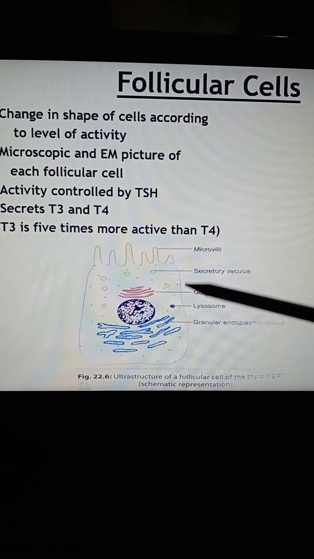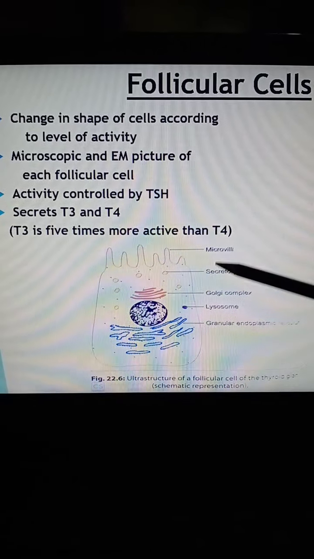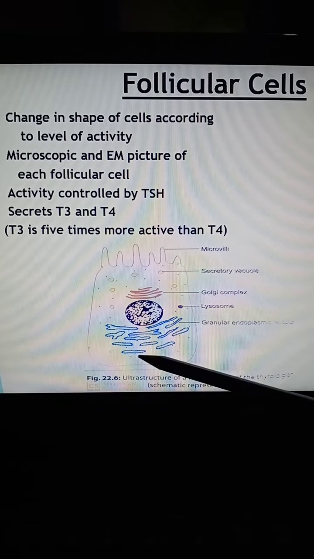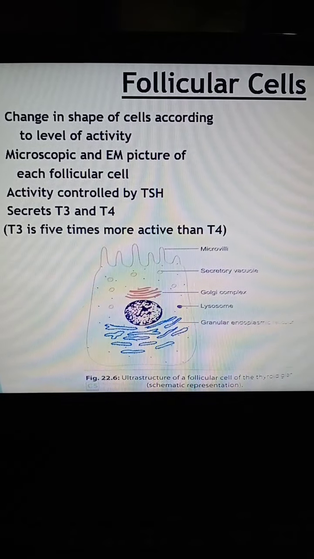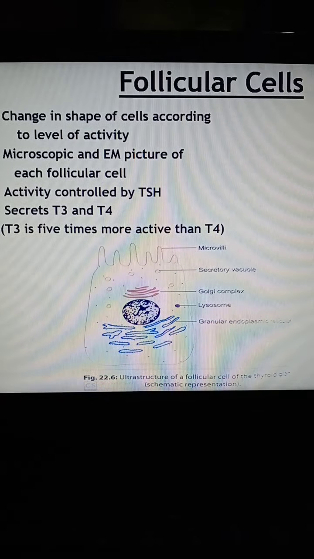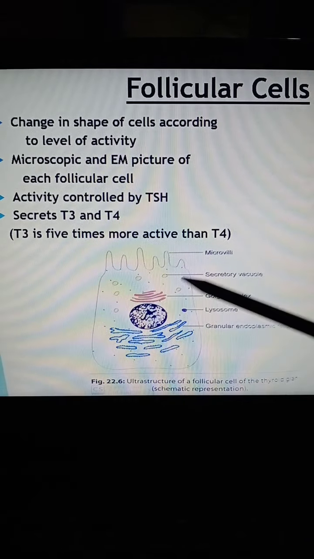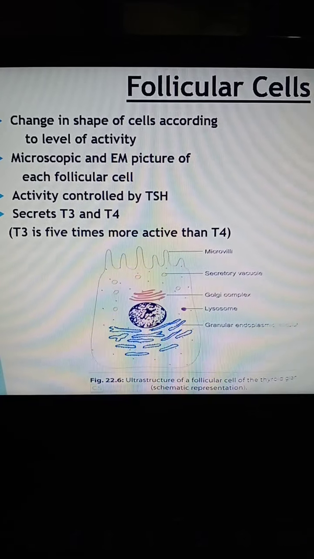As you know, this follicular cell has a tremendous capacity to secrete, that's why the granular endoplasmic reticulum is very abundant. Then there is a prominent supranuclear Golgi complex. This one is the supranuclear Golgi complex.